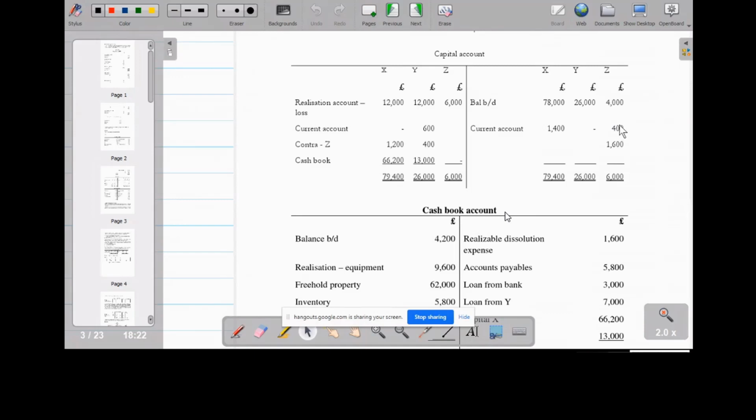But capital is supposed to have a credit balance. Here we now have a debit balance of 1,600, and partner Z has been declared insolvent. So this 1,600 is supposed to be shared based on the partners' capital ratio.